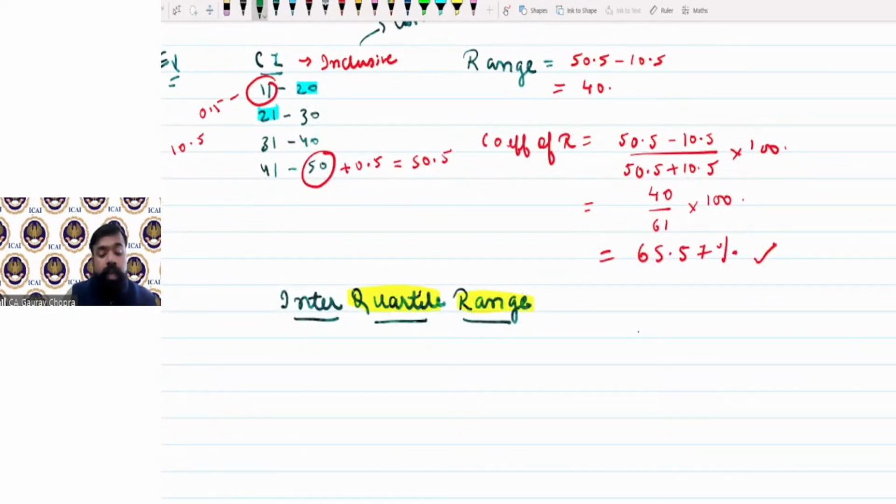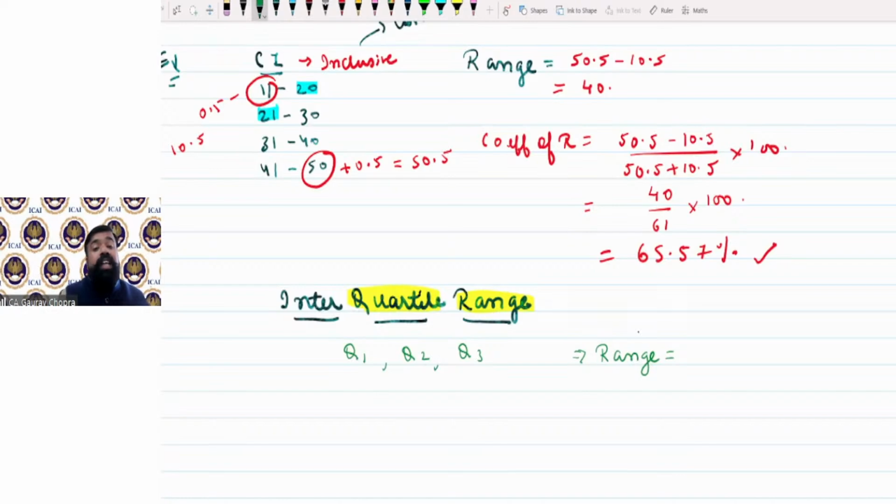As we have already done in the previous topic, central tendency, there are three quartiles, because quartiles divide a series into 4 equal parts. Out of these three quartiles, we have to find the range, and range is the difference of highest value and lowest value.